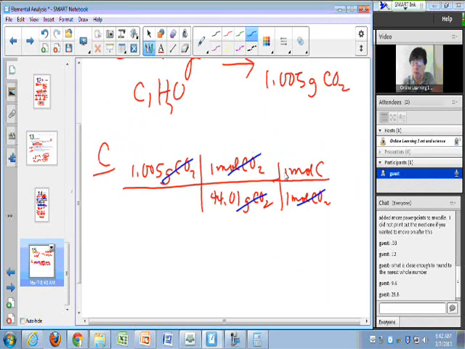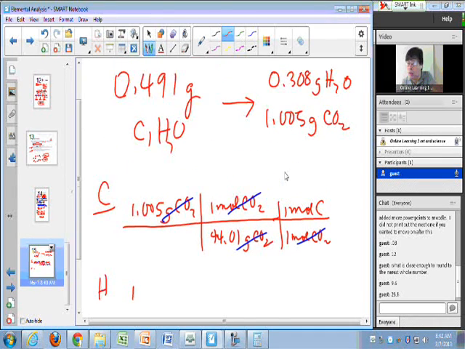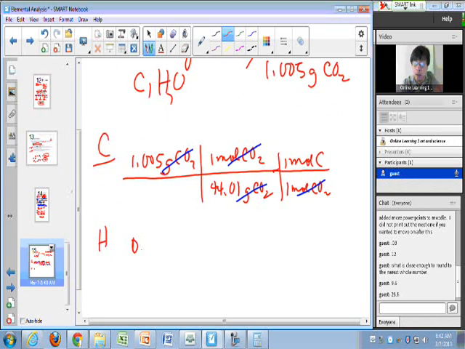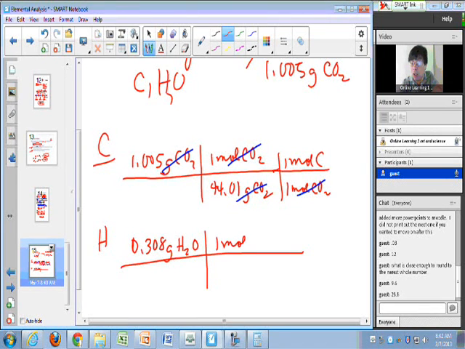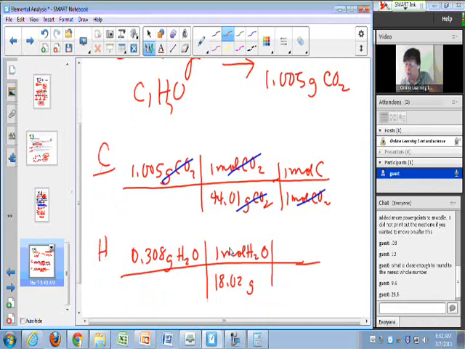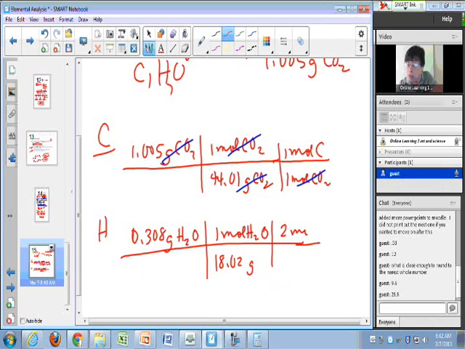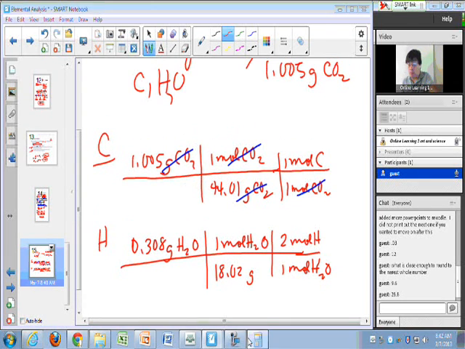So your hydrogen comes from water. How much water did we get? 0.308 grams of water. Change that to moles. 1 mole of water is 18.02 grams. And then you change that to moles of hydrogen. There's 2 moles of hydrogen in 1 mole of water. Okay? So what would those numbers be?